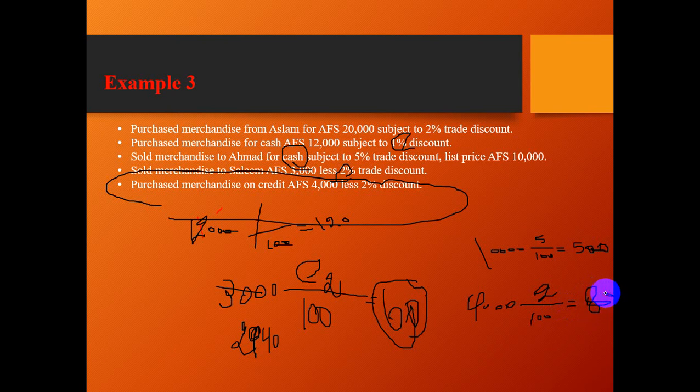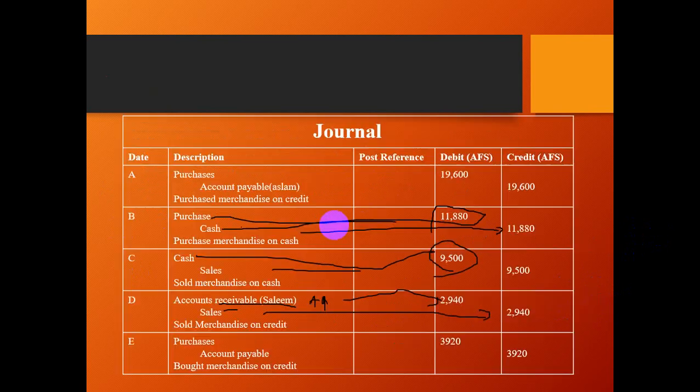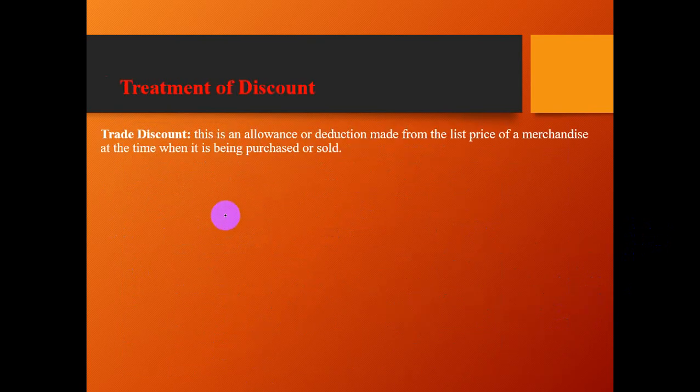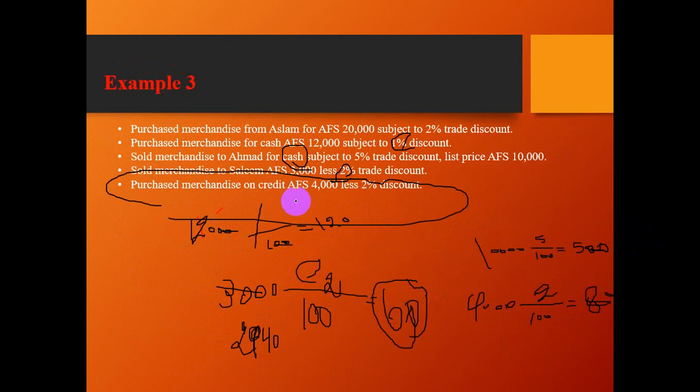So it becomes 80. So 4,000 minus 80 is 3,920. I am purchasing something on credit, so purchases to accounts payable.